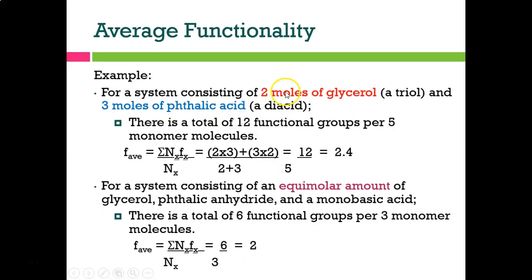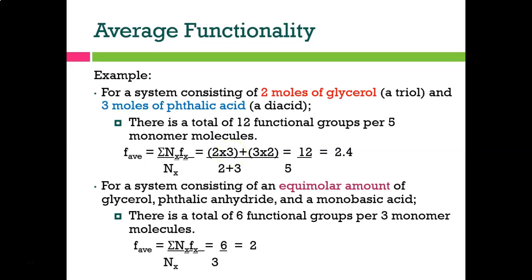For a system consisting of 2 moles of glycerol, if we look at the structure of glycerol, it has 3 OH groups. It reacts with 3 moles of a diacid. So there is a total of 12 functional groups per 5 monomer molecules. We use the equation sum of NxFx divided by sum of Nx: 2 moles of glycerol times the functionality.